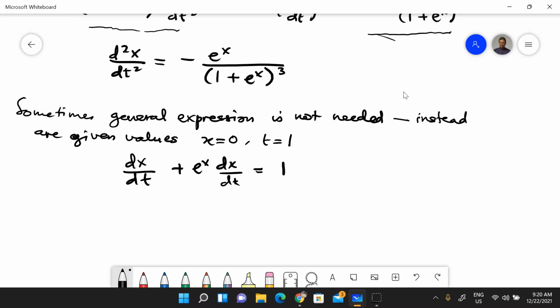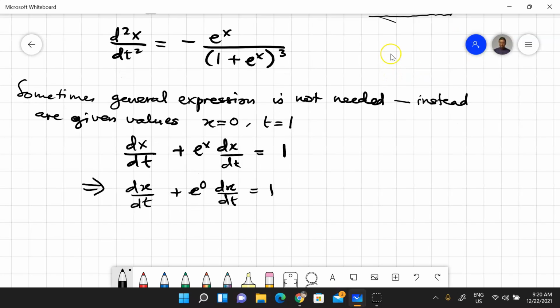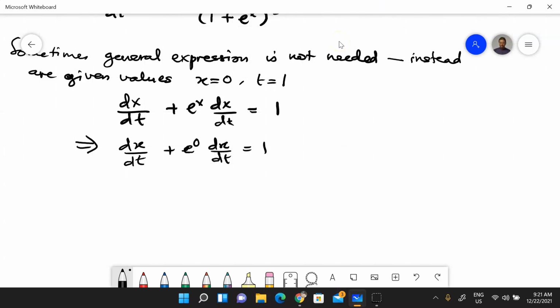The ones you are allowed to substitute the values into are these functions, because this function is given. This we do not know what the function is. So in this particular case, we will have dx/dt plus e to the 0 dx/dt equals 1, and that tells us, this is just 1, so that means dx/dt is equal to a half.